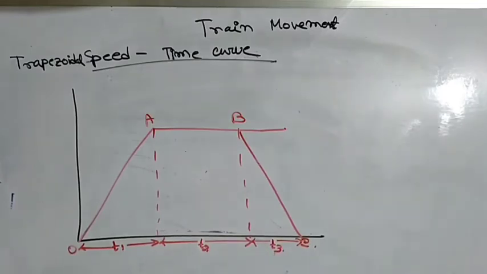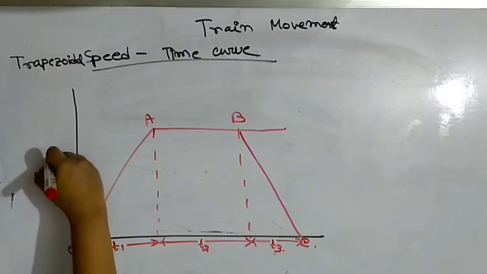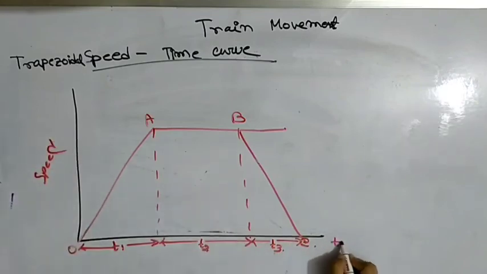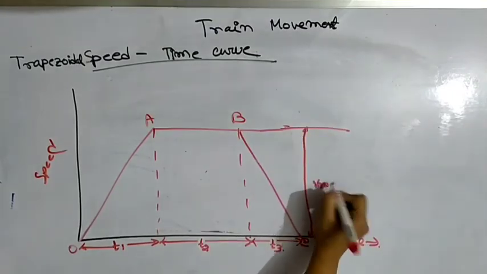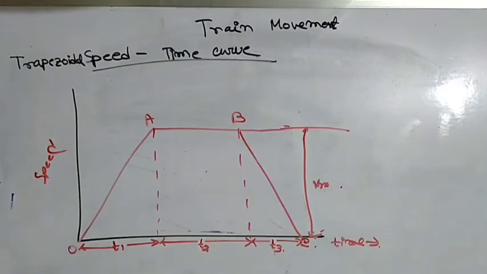Okay. This axis represents speed and the x-axis represents time. This is Vm. Vm is the maximum speed attained.